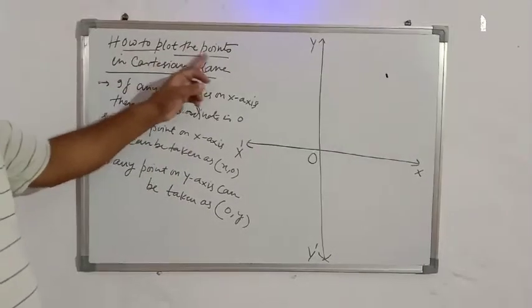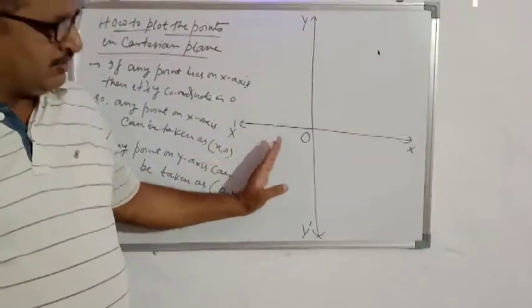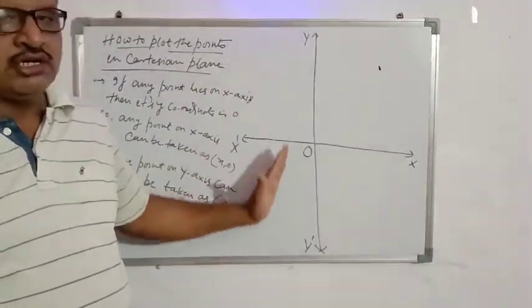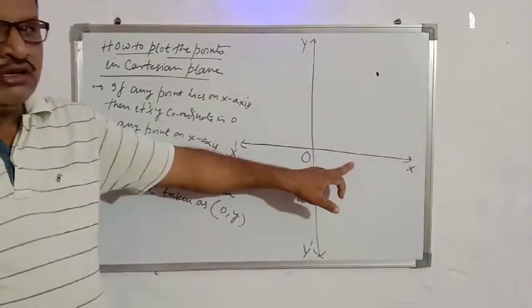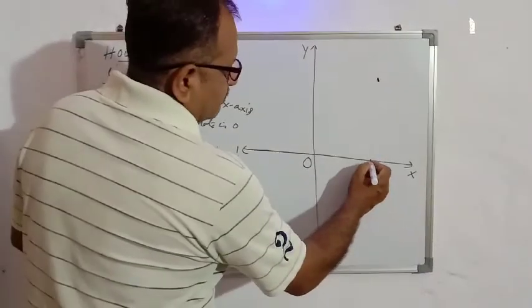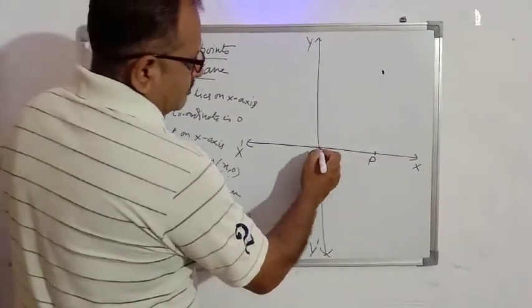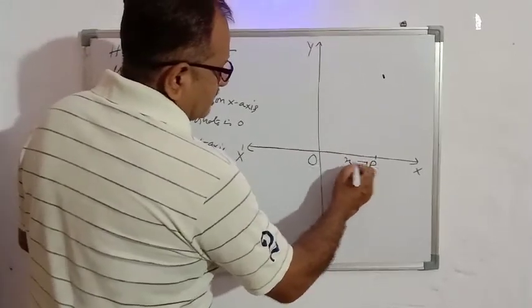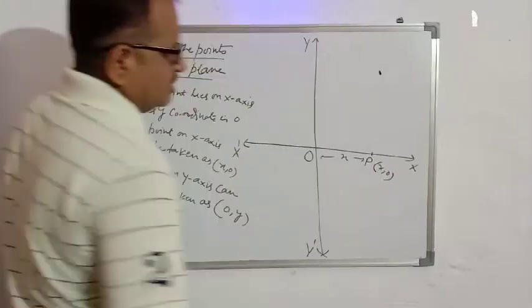So how to plot the points in Cartesian plane? This is the Cartesian plane in which x-axis and y-axis are drawn. Suppose any point P lies on x-axis and distance from O to P is x, then coordinate of P will be x, 0.